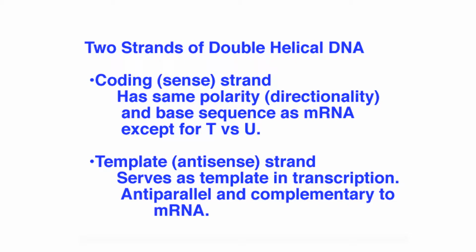The coding strand does not serve as a template for RNA synthesis. In contrast, the template, or antisense strand, serves as the template for RNA synthesis. The template is anti-parallel and complementary to the RNA product.